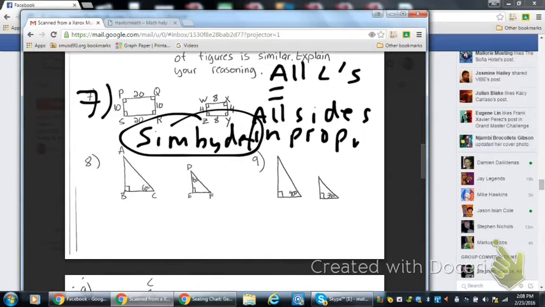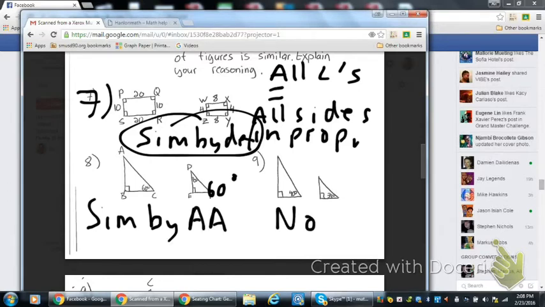If you look at 6 carefully, this side has to be 60 degrees. So look, we have an angle, angle. So similar by angle, angle. Here they're not similar. The angles are close, but this is 40 and this is 39, so they cannot be true. Okay? Not similar.